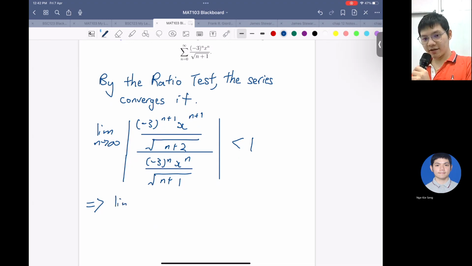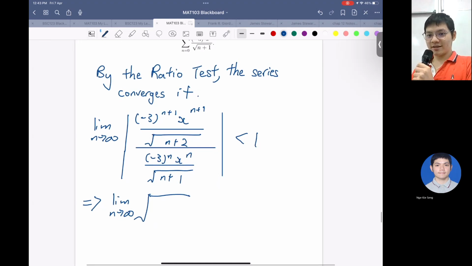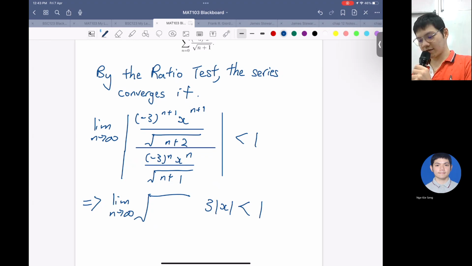What's this? Anyone computed? What are the n terms here? Anyone managed to simplify the big fraction there? Got 3 times x here. So what are the n terms here inside the square root? n plus 1 over n.